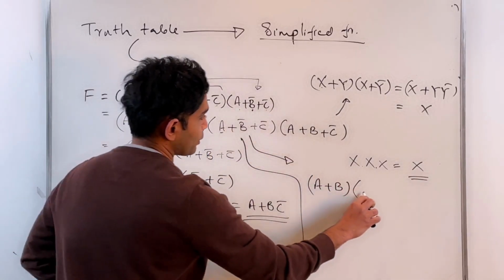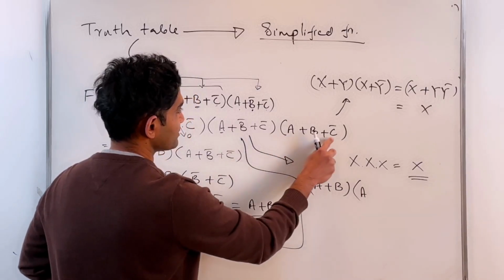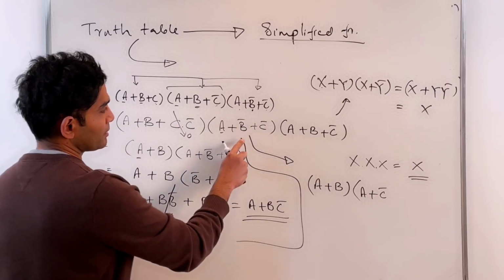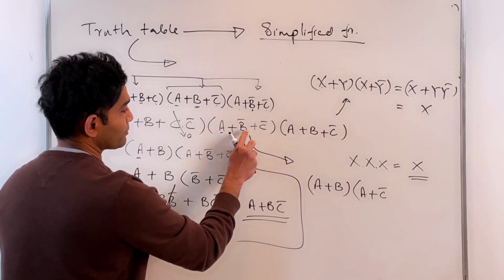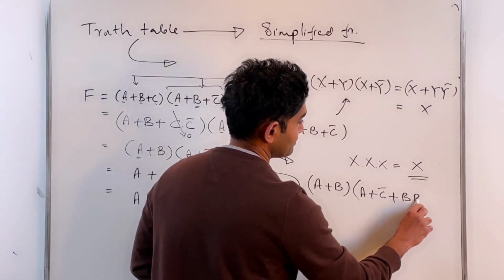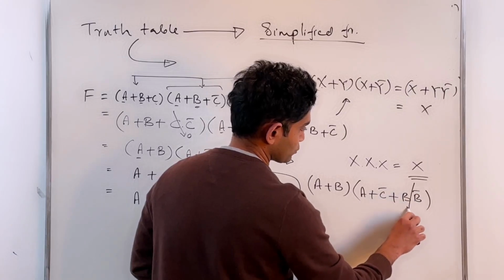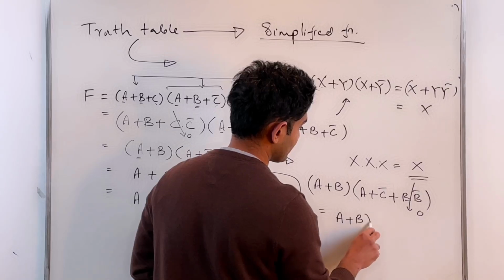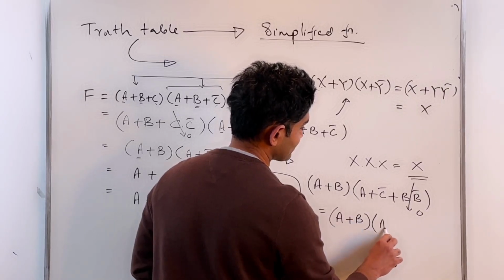I have A, which is common to these two, C prime, which is common to these two, and then BB prime, right? Because that's the one that changes. Then BB prime goes to 0, and basically I get A plus B or A plus C prime.